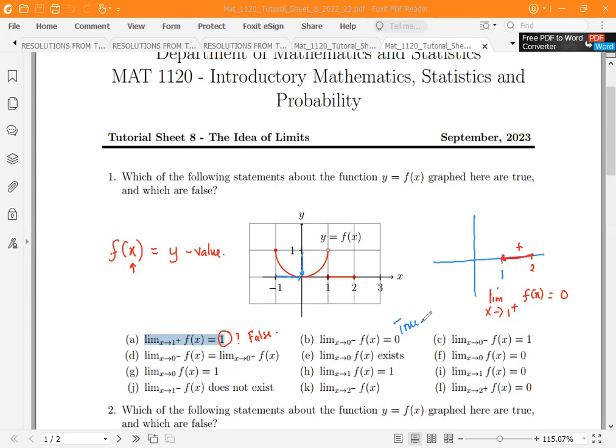Then they want to see if you understand what you're doing. They come and say, is the limit as x approaches 0 from left equal to 1? Is it? No. We have different limits as x approaches 0. We already found from left it's 0, so it can't be 1.